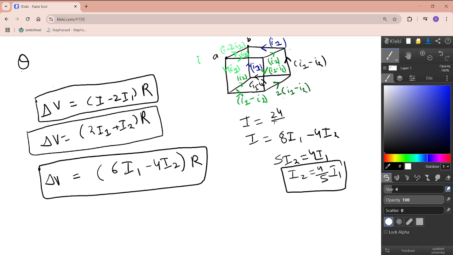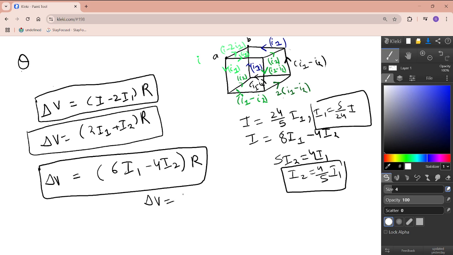I becomes 24 by 5 I1, or I1 becomes 5 by 24 I. This is what we needed, right? We needed I1 in the form of I. So let's just substitute: 24 to I becomes 5 by 12, and I minus 5 by 12 is 7 by 12.